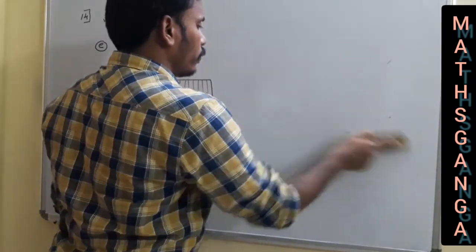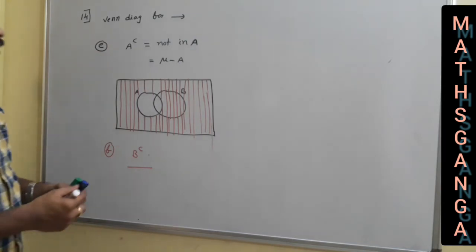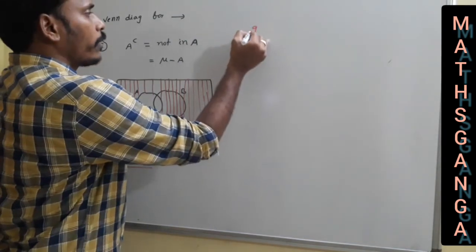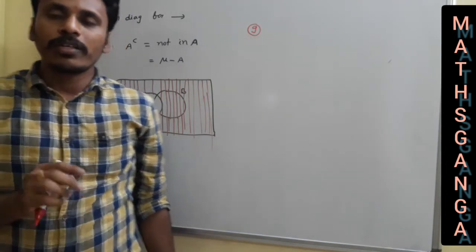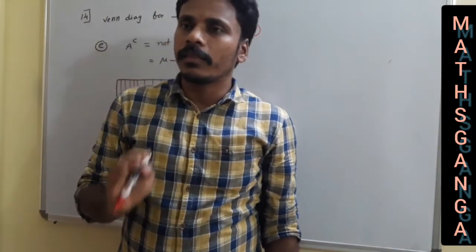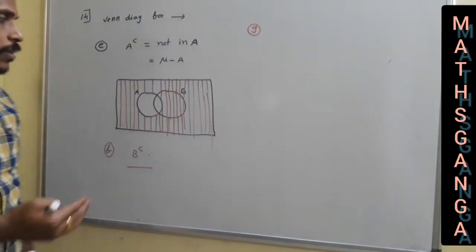Okay. Coming to G, if two sets are involved in the situation, and those two sets are any two sets, then they generate four different regions, and we indicated all those four regions in such a way.